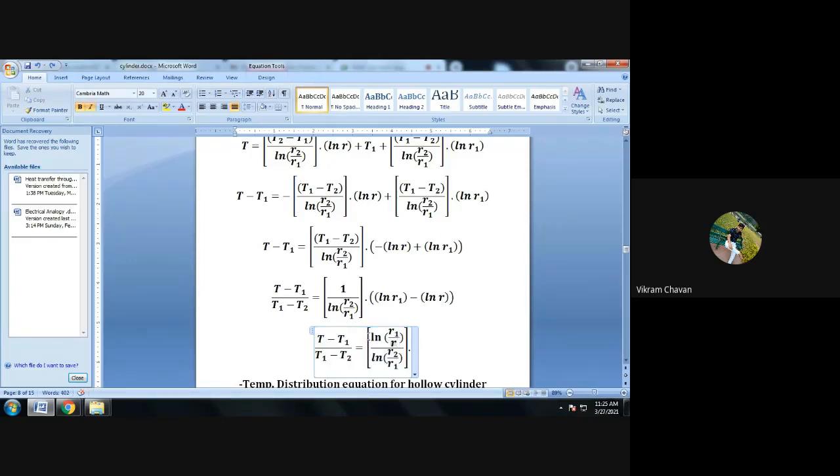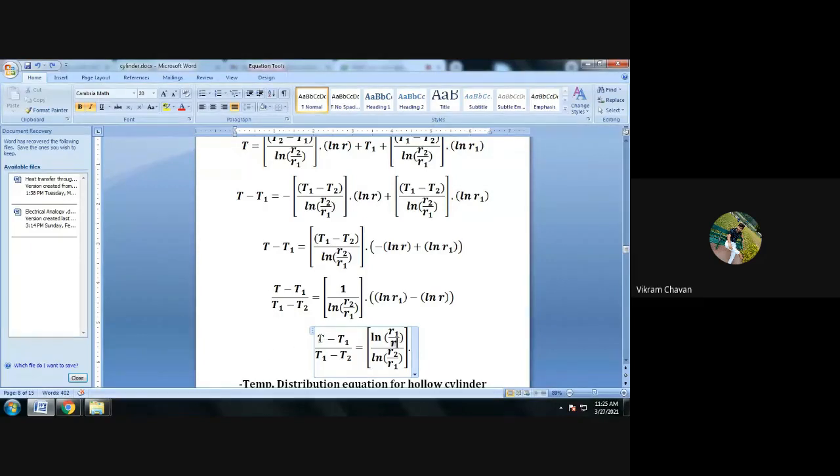We know the T1 temperature and T2 temperature, and R1 and R2 radius. R1 is the internal radius of the cylinder and R2 is the external radius. Just put in those values, and at whatever radius you want to determine the temperature, you can put that radius here.